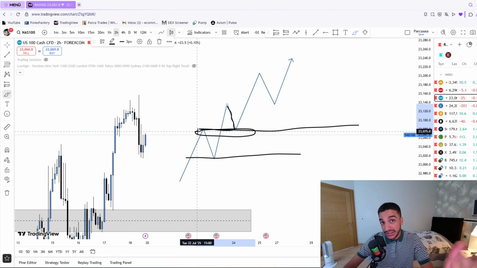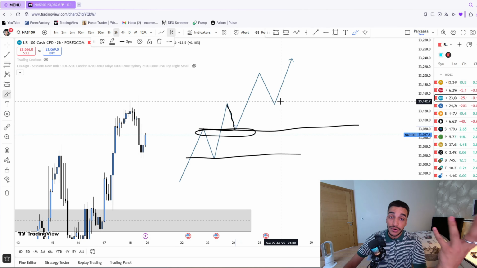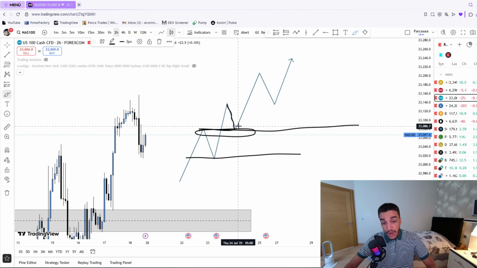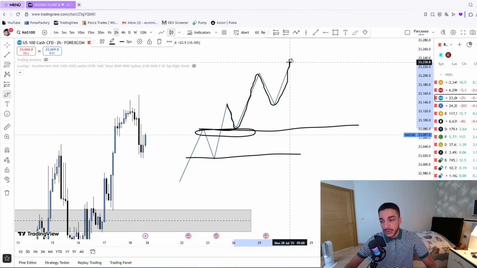And how can you enter this trade? By catching a liquidity sweep or fair value gap or imbalance, like FVG, whatever you want. In this strategy we follow the trend.